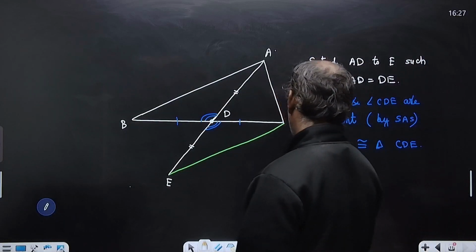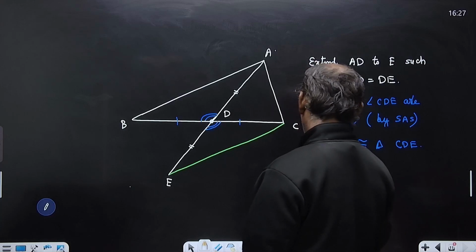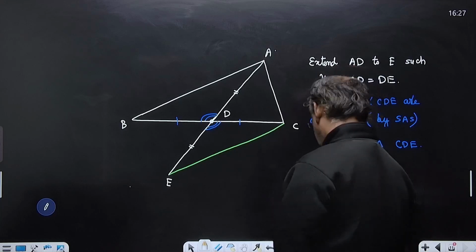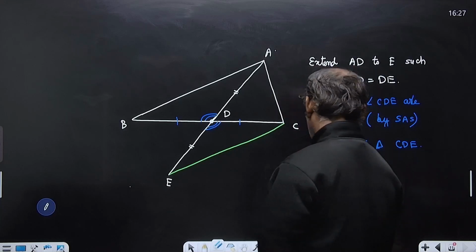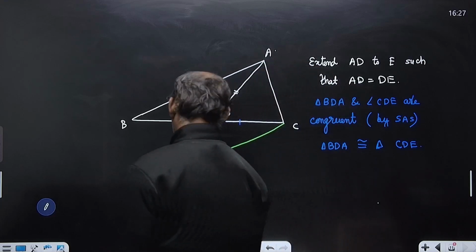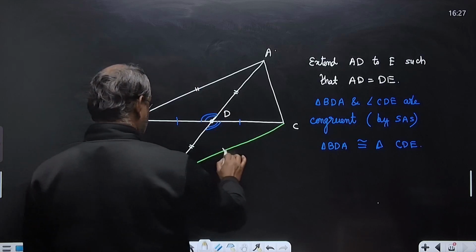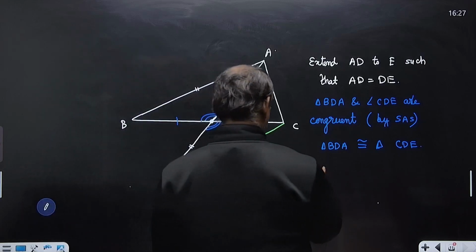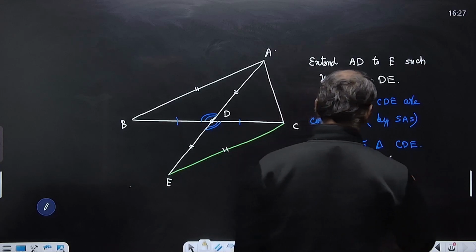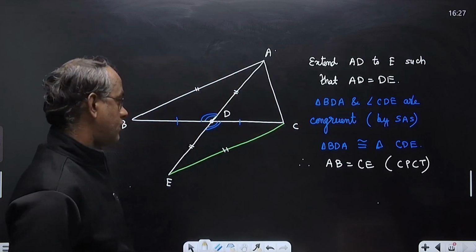So therefore we have, sorry, not triangle inequality. So we have AB is equal to CE. What we will write here, just now we learned CPCT, corresponding parts of congruent triangles.